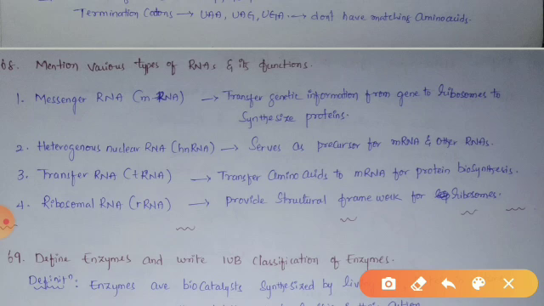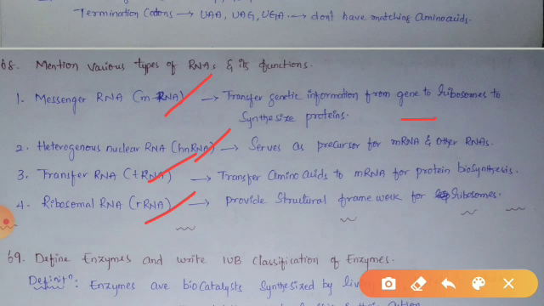Mention various types of RNAs and their functions. We have various types of RNAs, that is mRNA, hnRNA, tRNA and rRNA. mRNA means messenger RNA. It transfers genetic information from gene to ribosomes to synthesize proteins. hnRNA is also known as heterogeneous nuclear RNA.